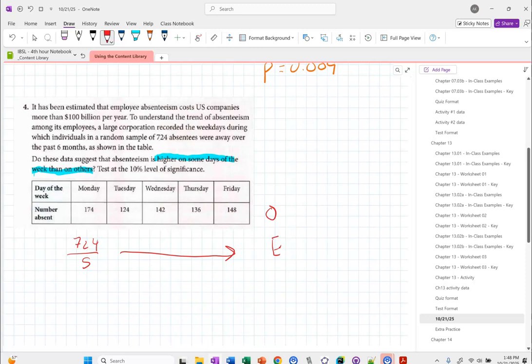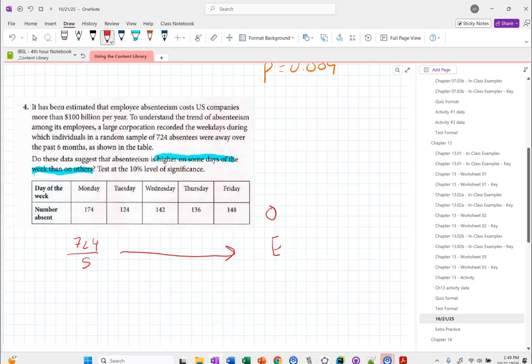How do I know this isn't a t-test? We said it was down between a t-test and a goodness of fit test. So if you wanted, it's not independence. If you wanted to do this as a t-test, you'd have to do it for each day of the week separately, right? You have to do a t-test for Monday, a t-test for Tuesday, for Wednesday, for Thursday, for Friday, because the question is asking specifically if it's higher on any day of the week, right?